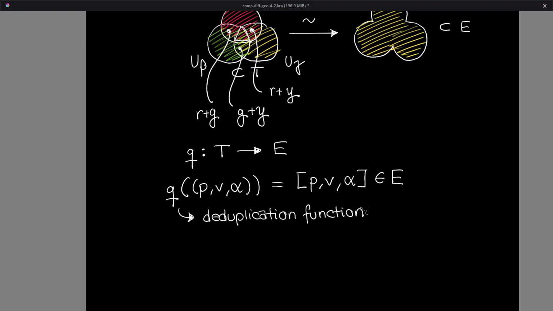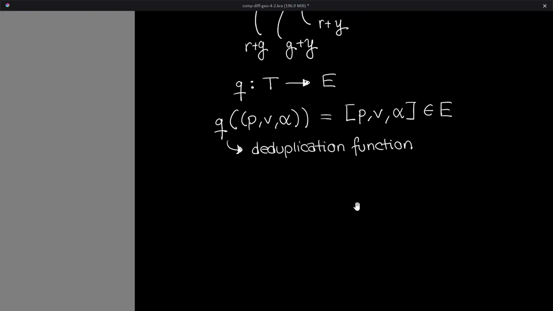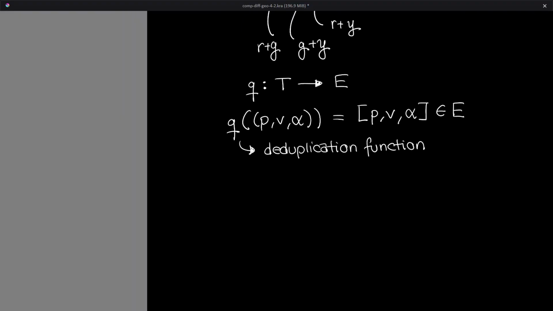These are points on E. So we can define q to be a continuous function, because E, remember, doesn't have a topology yet. So we just say that if U is a subset of E, it's open if q inverse of U is open in T.